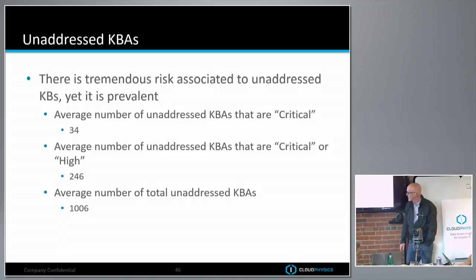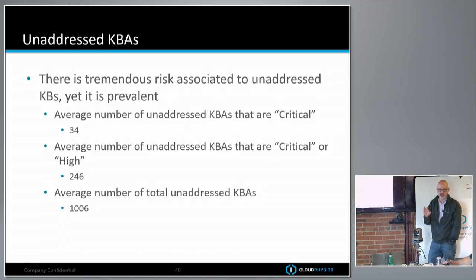Another one we did was we looked at the knowledge base articles. One of the sub-apps within our environment maps your particular configurations to appropriate knowledge base articles and identifies critical and high importance KBAs, as well as a bunch of other different levels. And it surfaces those that are critical.